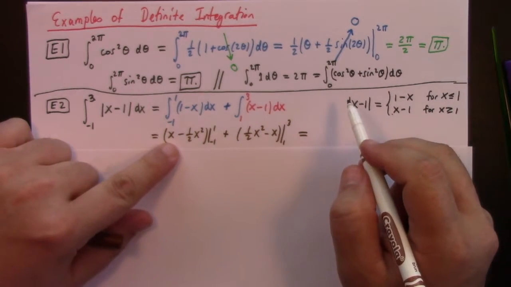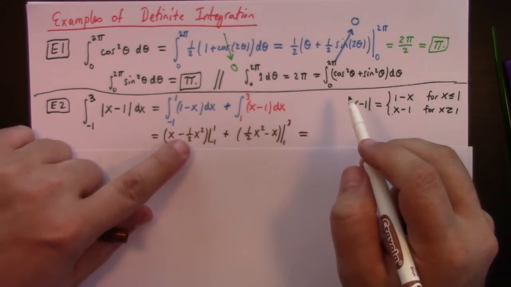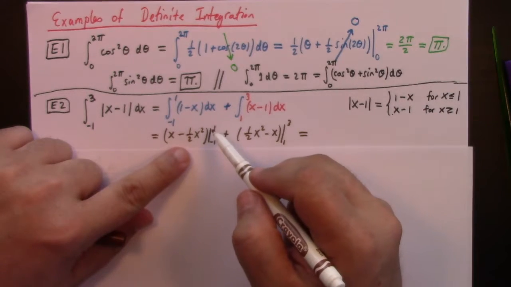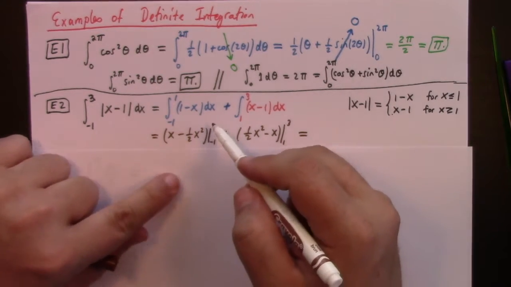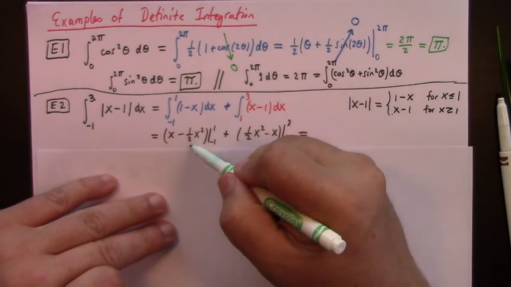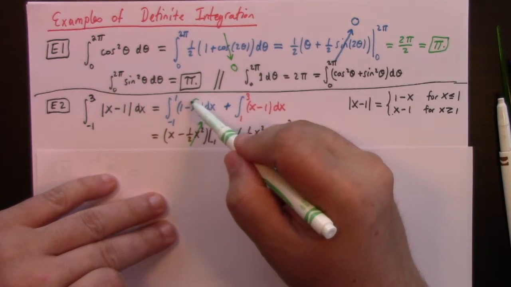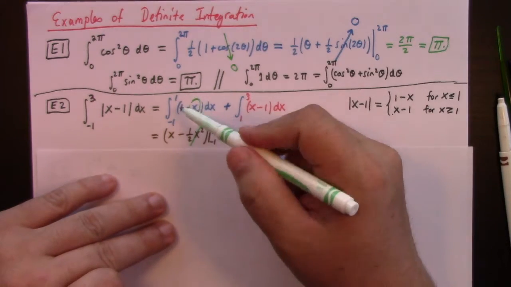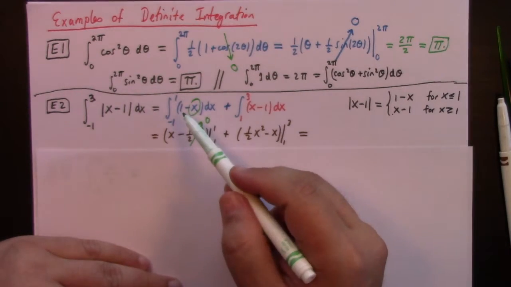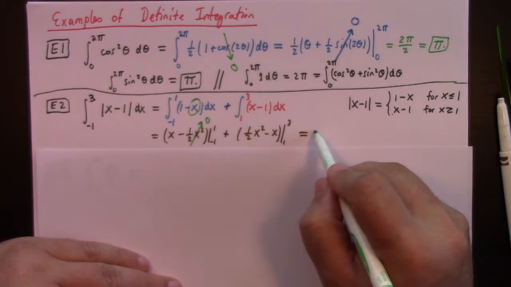Notice, not surprisingly, that the 1/2 x squared term cancels out because you get minus 1/2 plus 1/2, minus 1/2 plus 1/2. This term evaluates to 0 because the top and bottom terms cancel out. That's not surprising because it's coming from the integral of x, which is an odd function, about the symmetric interval of the origin, minus 1 to 1, so that piece integrates to 0. Whereas this 1, the integral of dx from minus 1 to 1 is just going to give me 2.